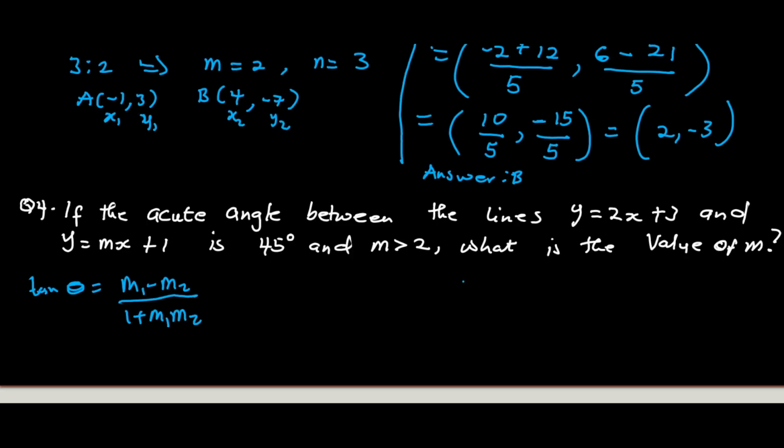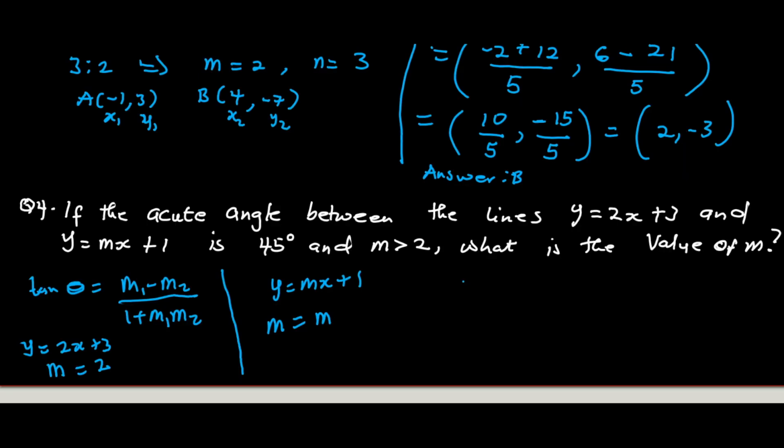Now, from the first line, y is equal to 2x plus 3, we know that our gradient will be equal to 2, and then our second equation we have y equal to mx plus 1, which our gradient will be equal to m. So here we have been given a condition that m is greater than 2.